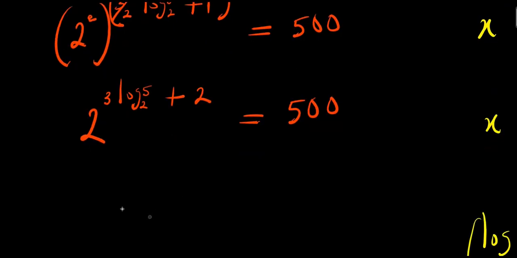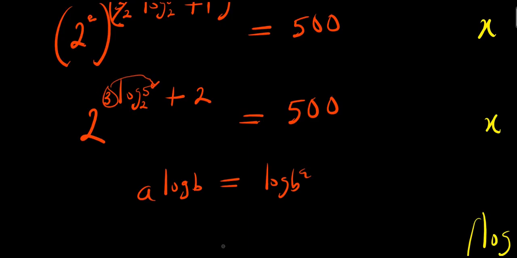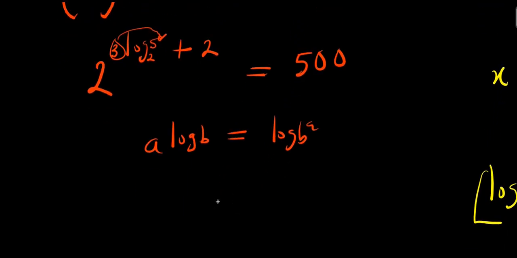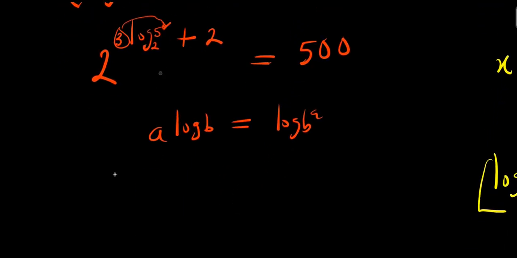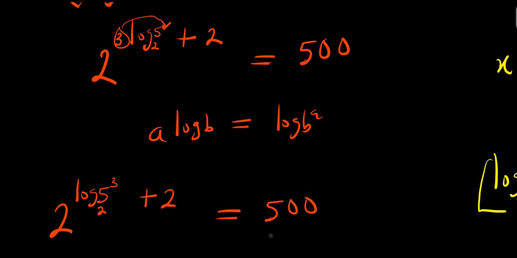Now, if you have a log b, this equals log b power a. So the 3 can come over here. So that is 2 power log 5 to the power of 3 to the base of 2 plus 2 equals 500.